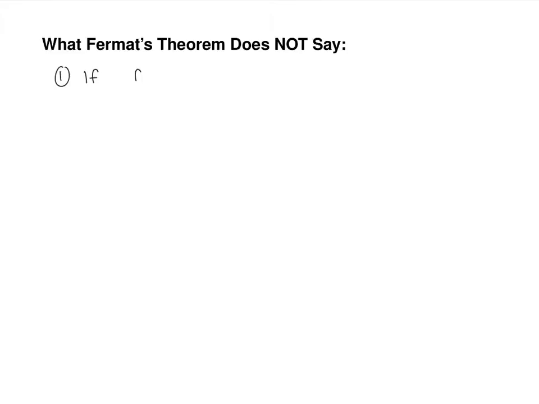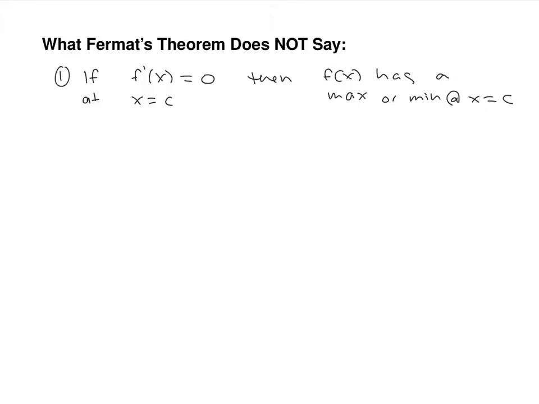Would it be true that if the derivative is equal to 0, so we'll say at some x equals c, then f of x has a max or min at x equals c? Is that necessarily true? Could the derivative be 0 but not be a max or min?